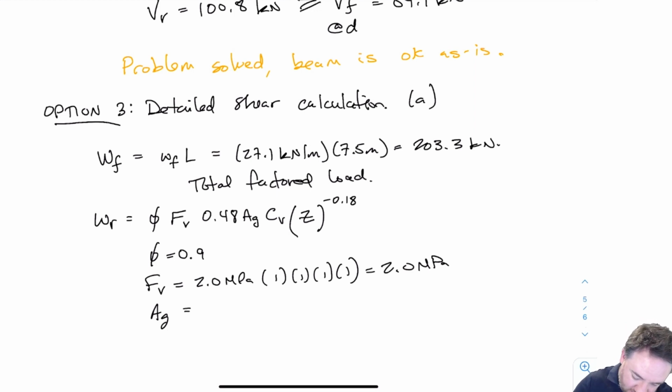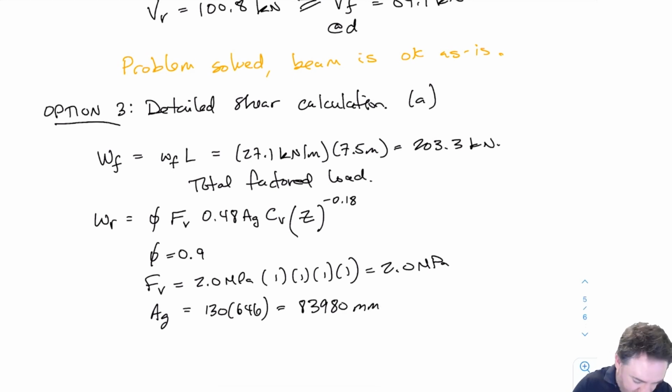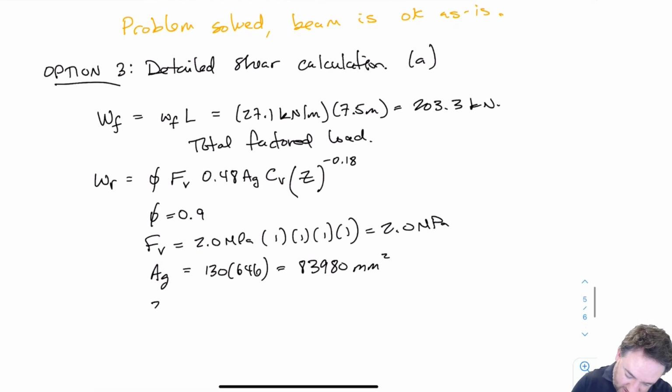Perhaps I'll do that here, which is 130 times 646, which gives us 83,980. And our Z was 0.6 meters cubed.